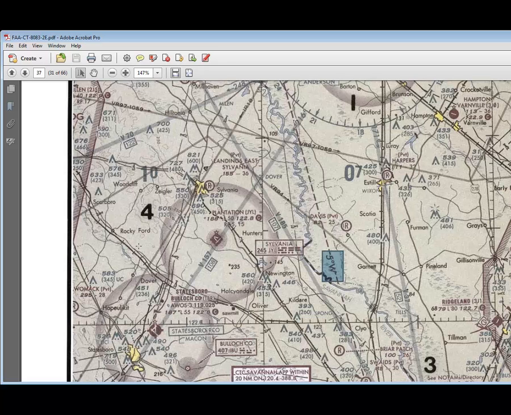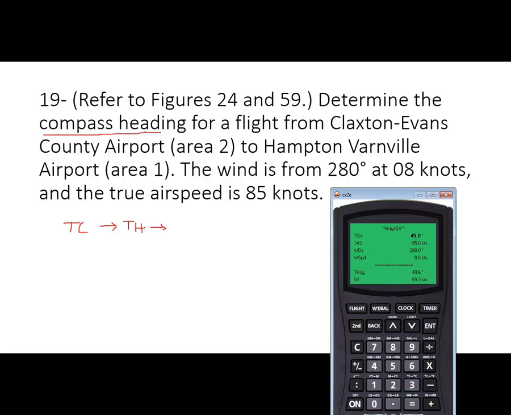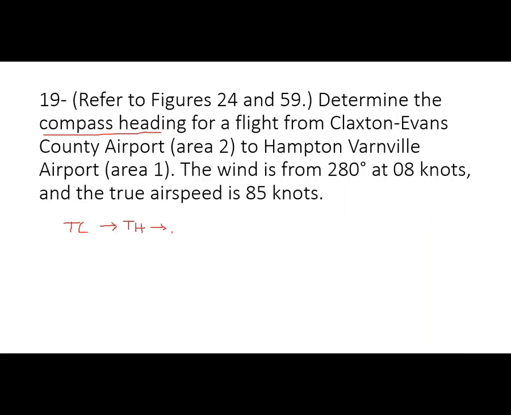This is an older chart and it was just my fault. I'll give you the right chart. I won't put this question on the test when it comes time. So again, that 5 degrees of westerly variation, we add that in there. And that takes our true heading, 40.6, and brings it up to 45.6. So now we have our magnetic heading at 45.6.